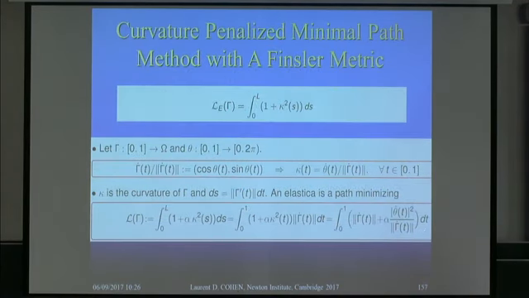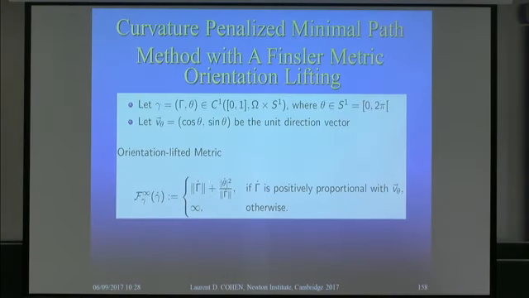So gamma prime plus alpha theta prime over gamma prime, which means gamma and theta are not necessarily related in the general case. Here gamma is any curve in the 2D plus orientation space, where theta is not necessarily the orientation of the curve gamma. And the way this Finsler metric is defined is exactly such that it will be the metric if gamma prime is proportional to v theta.